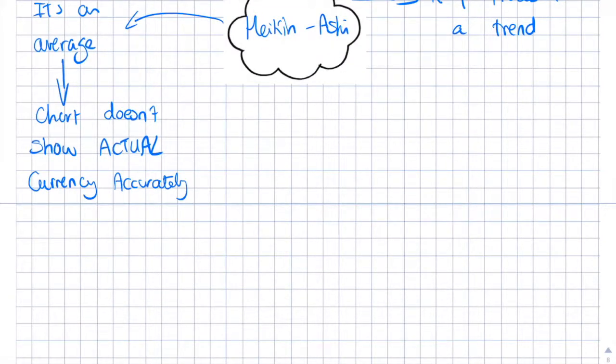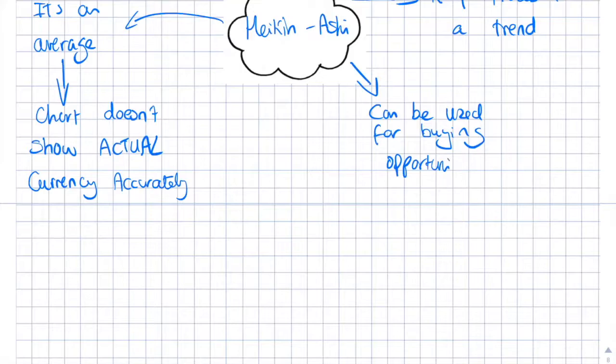The last point I'd like to say is that it can be used for buying opportunities. When we looked at the candlestick charts and saw all the strategies, the hammer, the hanging man, the bullish engulfing, these can be used with the Heikin Ashi as well, and can be much stronger in some instances because it's an average.